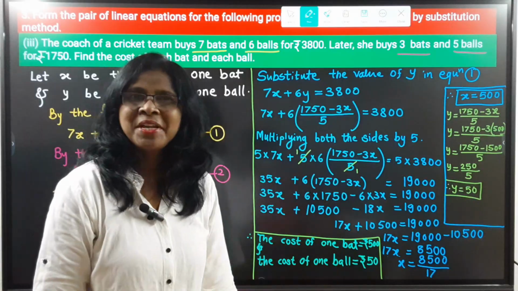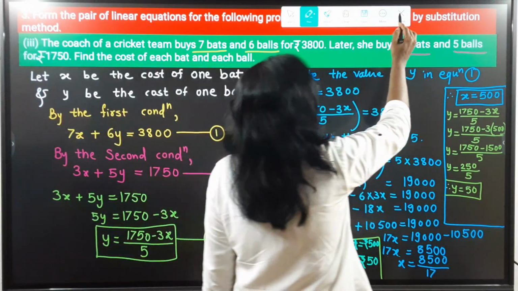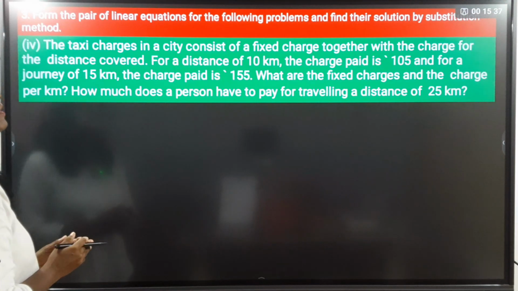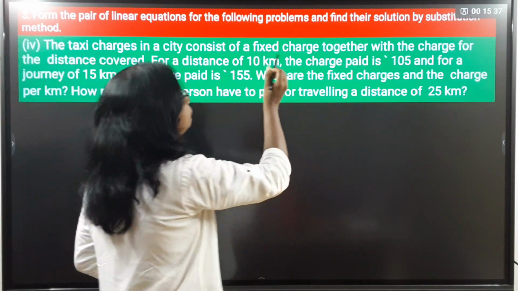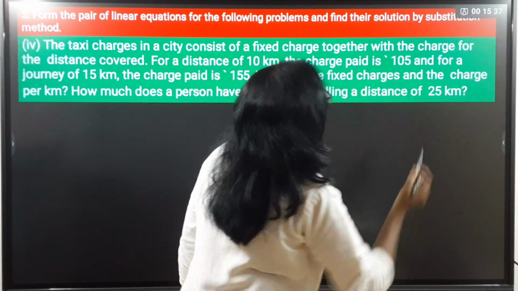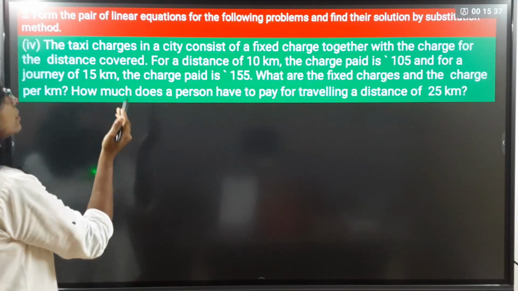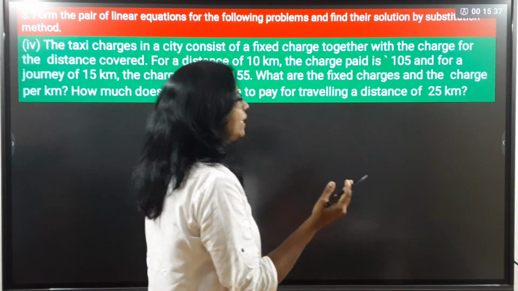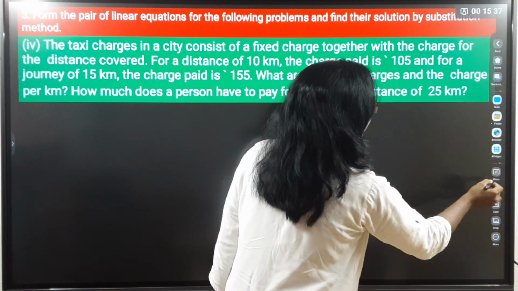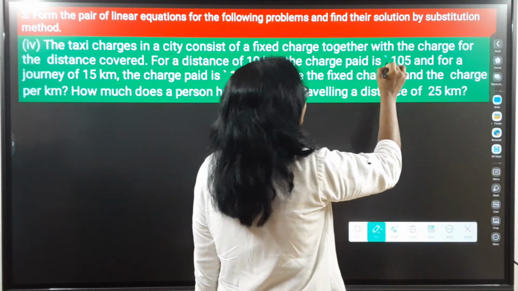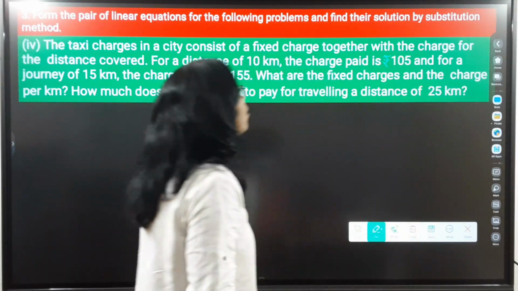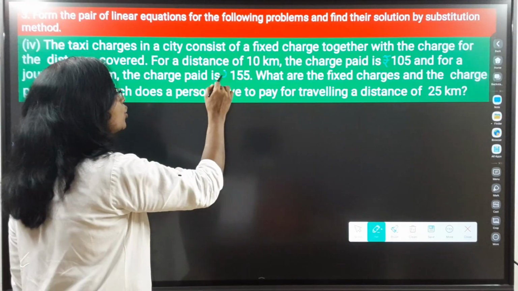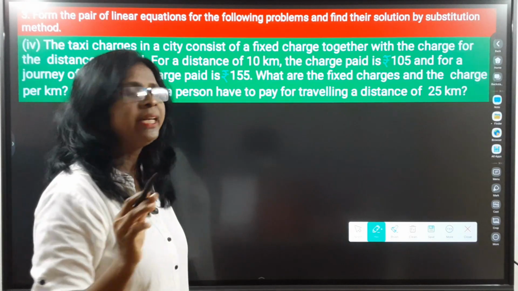Okay students, now the next example is that the taxi charges in a city consist of a fixed charge together with the charge for the distance covered. For a distance of 10 km, the charge paid is rupees 105, and for a journey of 15 km, the charge paid is rupees 155.